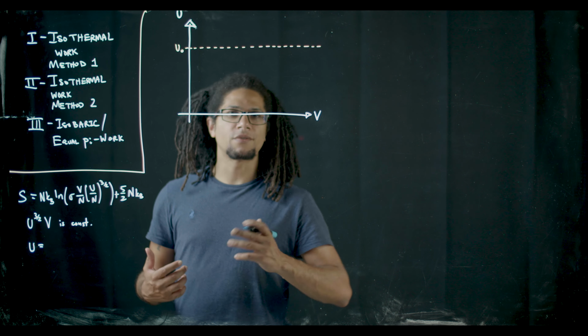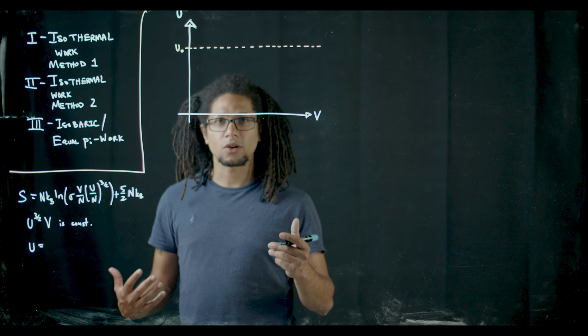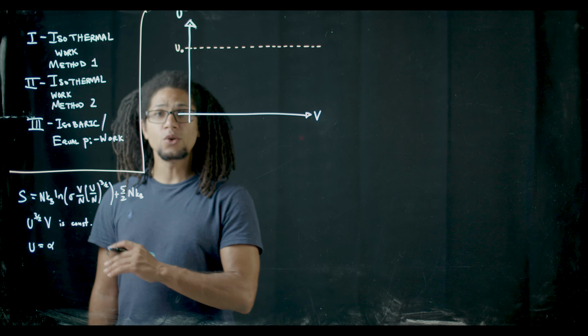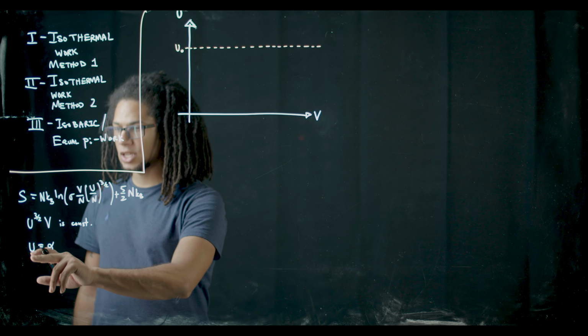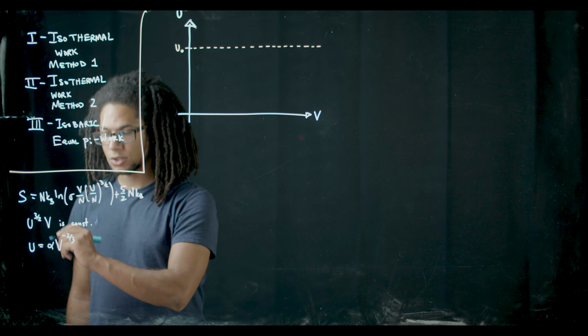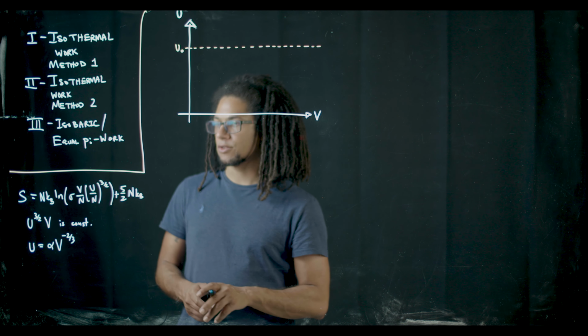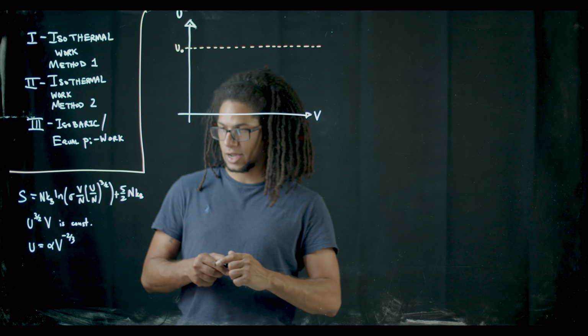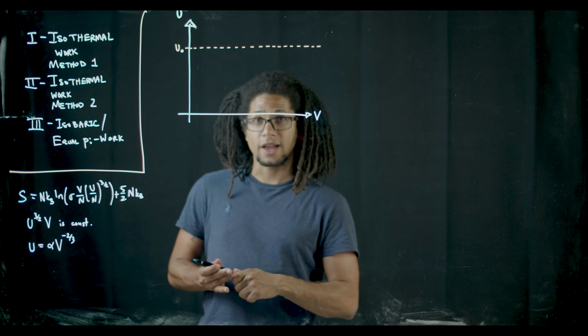Since alpha is a constant, alpha to the 2/3 is just some other constant. So once I've redefined that new constant to be alpha, I just get U is equal to alpha V to the minus 2/3. All right, wonderful.